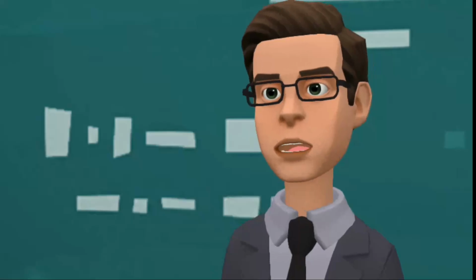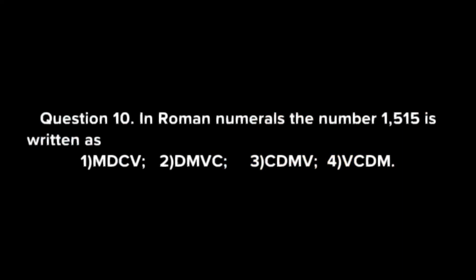Now the last question. Question 10. In Roman numerals the number 1515 is written as: 1: MDCV, 2: DMVC, 3: CDMV, 4: VCDM.